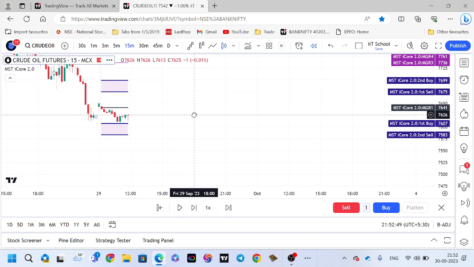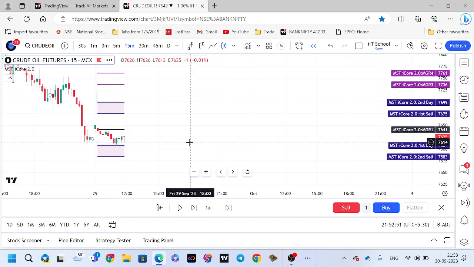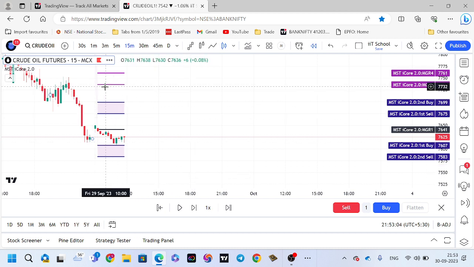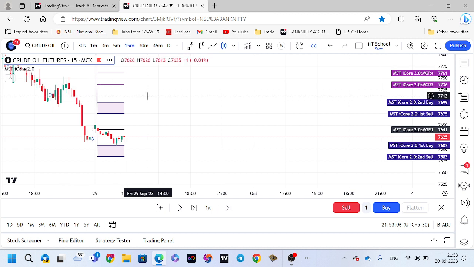So that is the statement. Easy method. If buy is activated, there is no sell. If sell is activated, there is no buy. If SL is hit, we go for the reversal entry. And we can find the reversal point also by using the M supply zone and M demand zone. If buy is activated first, enable the M supply zone for the reversal point.